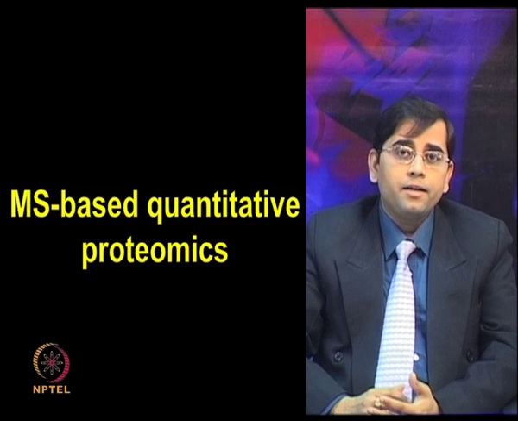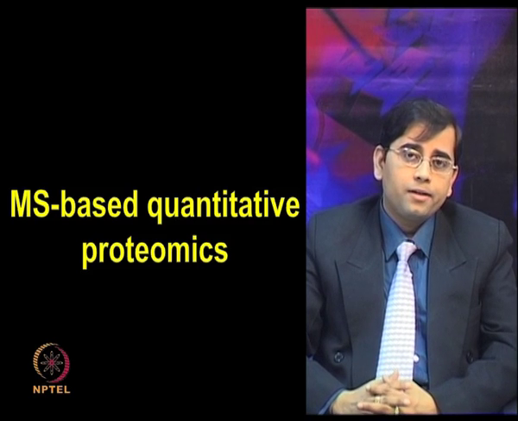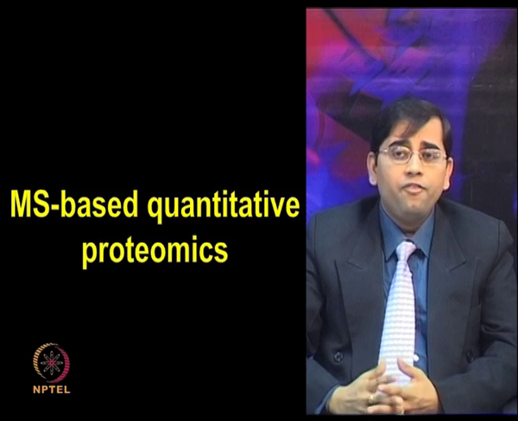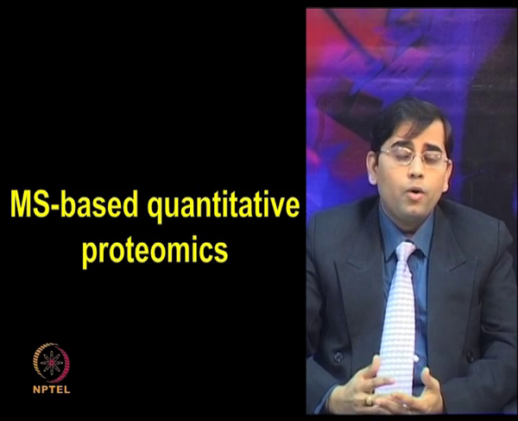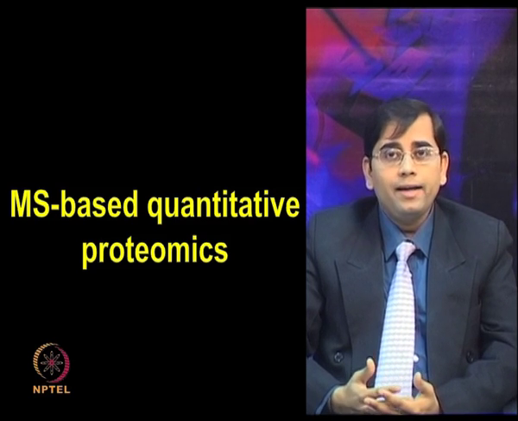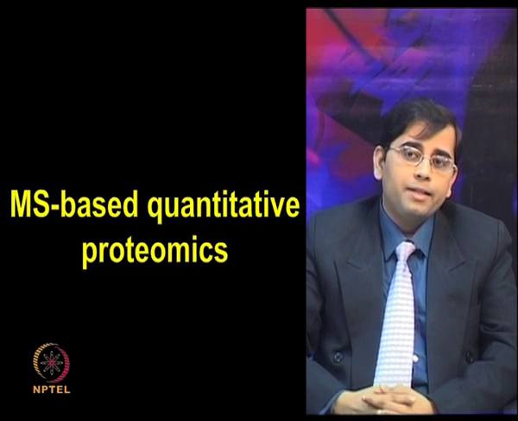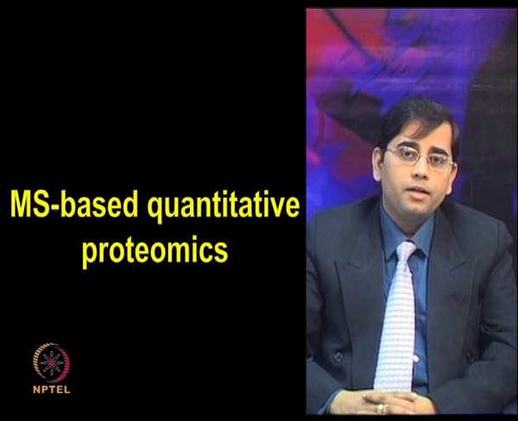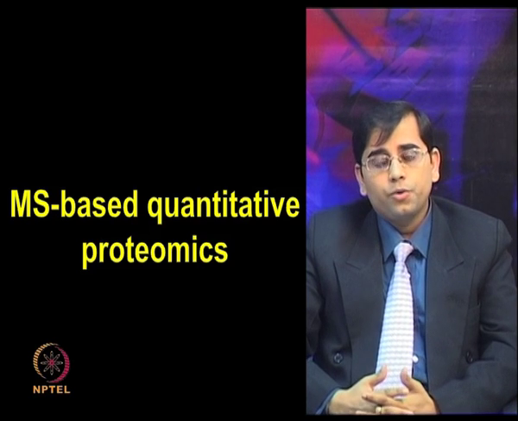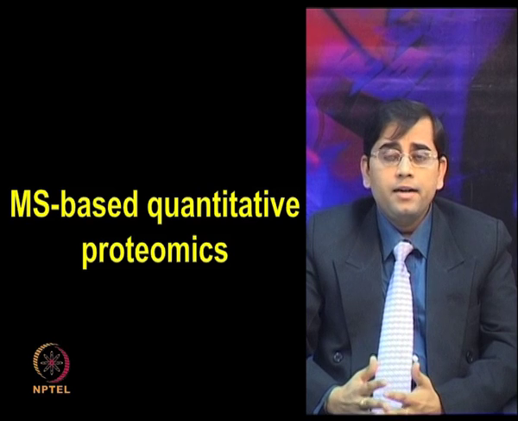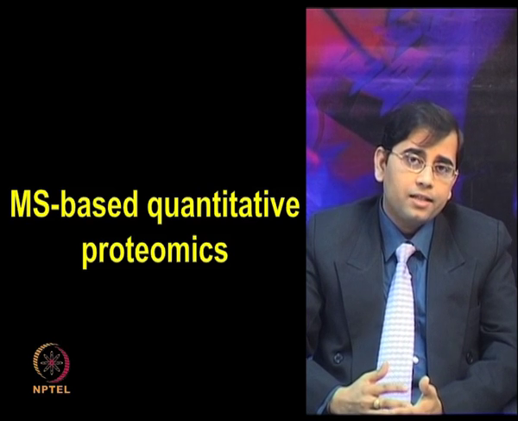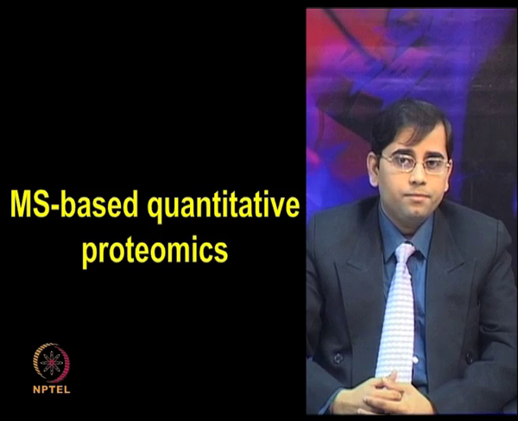Protein labeling with stable isotopes are new and effective methods for quantitative proteome profiling using mass spec. These isotopic labels can be introduced in vivo or in vitro and provide relative abundance of proteins for proteomic analysis.